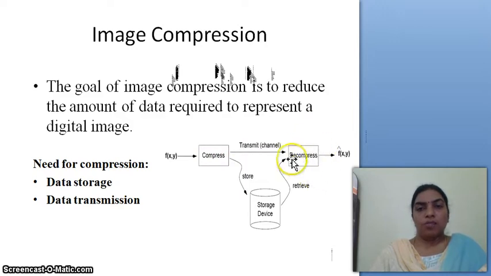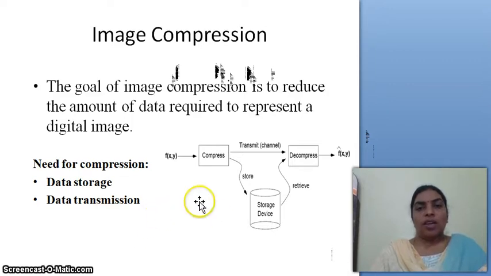In the receiver, I decompress the image, then I can retrieve my original image. So the main goal is to store and to transmit the image.